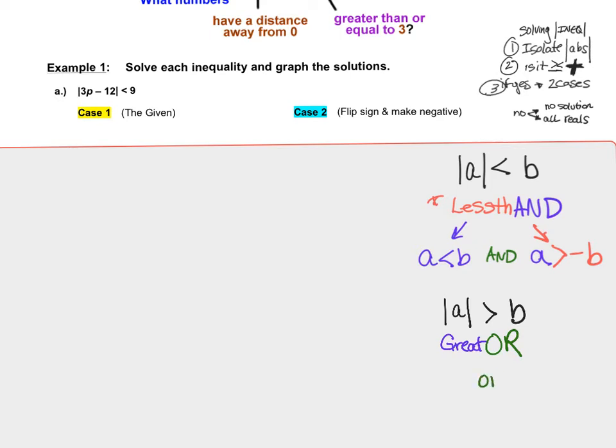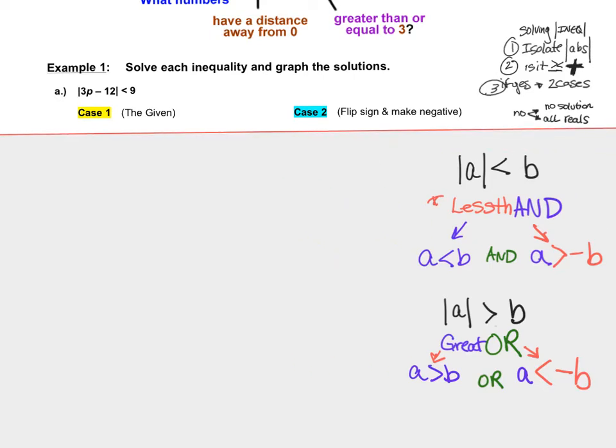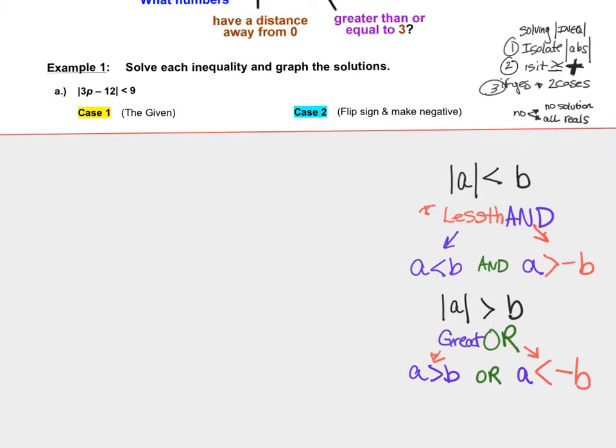So it's going to be an or inequality, and your inequalities would be the original, A greater than B is the first one, or A, flip it now, is less than the negative B. Those are your two cases, and it's an or inequality. So hopefully once we start doing the examples, it's going to make a little bit more sense. Let's look at this one.